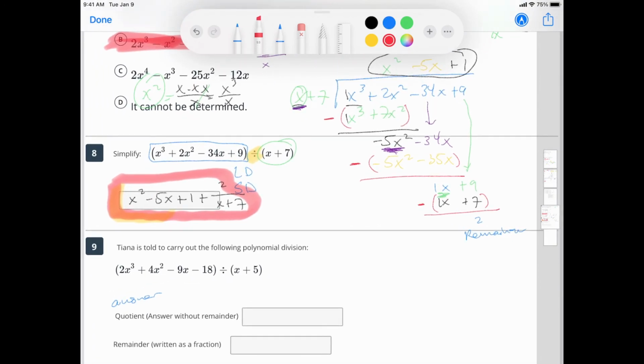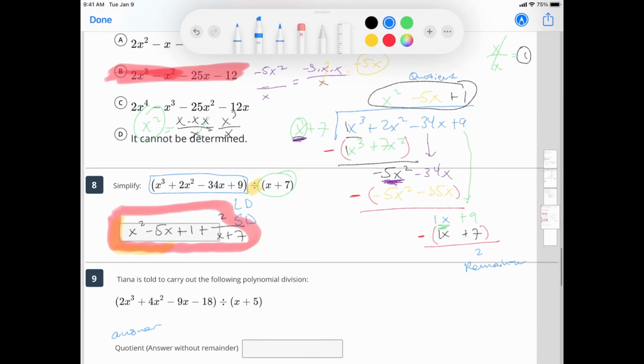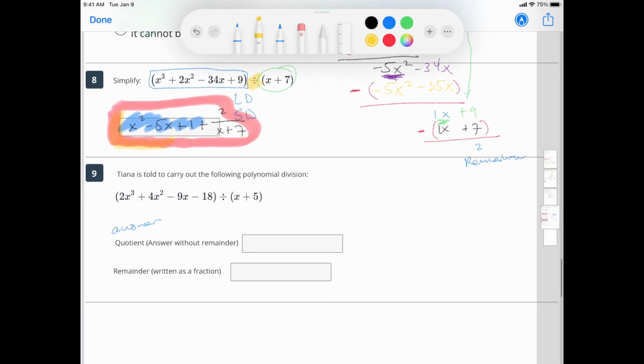Or another way of saying it is that if this is the quotient, then the remainder part that they're asking for as a fraction is just this part. Okay? So let's use synthetic division, because I haven't shown that to you. I'm going to take this factor and make it a 0.